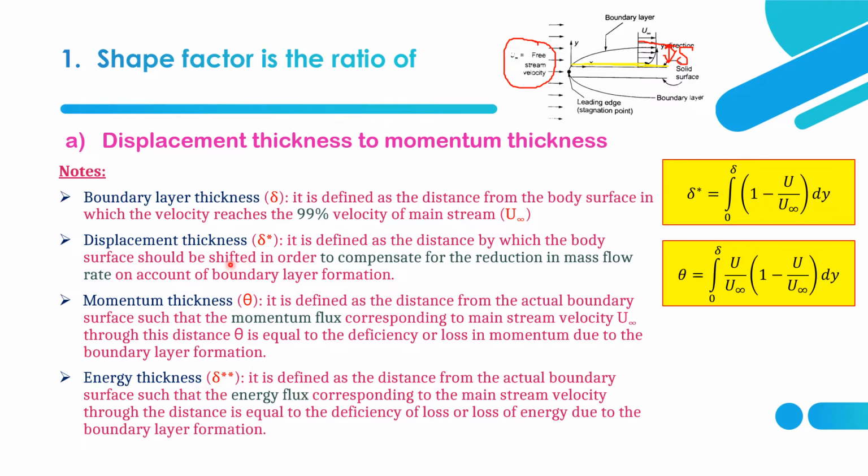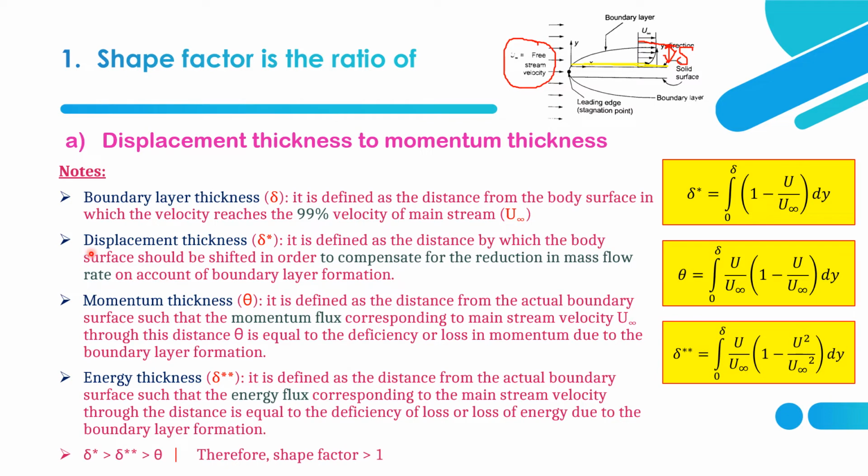So these three are more important ones, and we shall see the relation between displacement thickness and the velocity profile. So first, displacement thickness is given by del star equal to integration 0 to del, which is nothing but boundary layer thickness, of 1 minus u by u infinity.